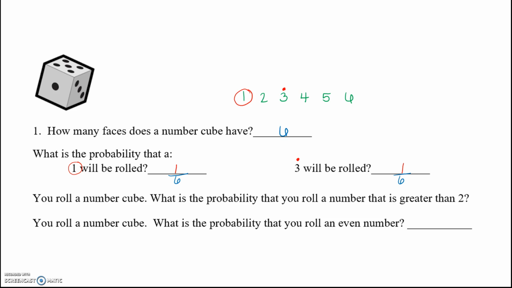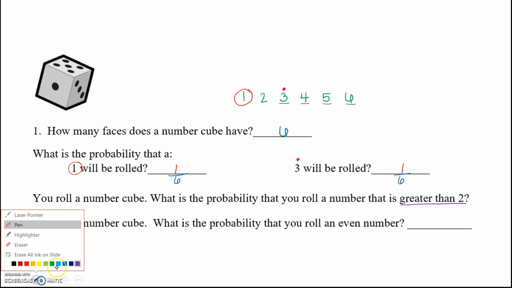Okay. So the next one says, what is the probability of a number greater than 2? So greater than 2. 2 is equal to 2, not greater. 3 is greater, 4 is greater, 5 is greater, 6 is greater.